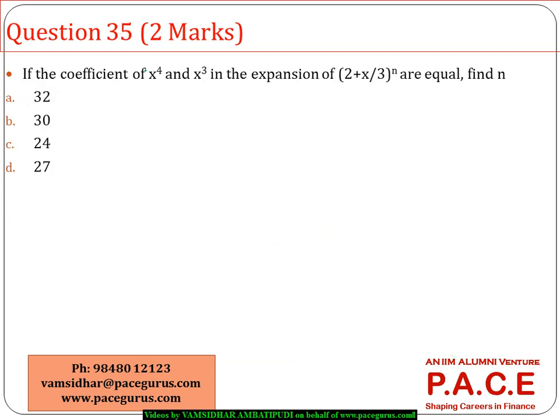If the coefficients of x power 4 and x cube in this expansion are equal. So what is the coefficient of x power 4? nC4 2 power (n minus 4) into (1 by 3) to the power 4. This is the coefficient of x power 4.